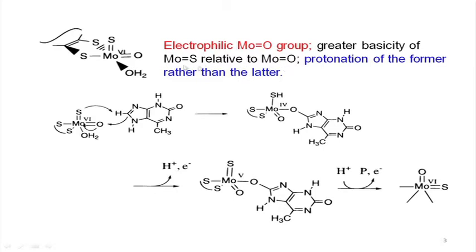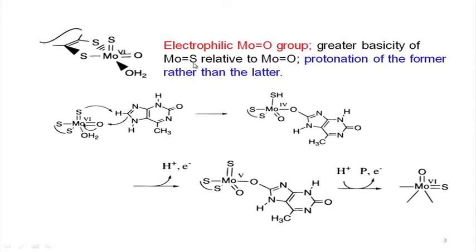So, which particular function will have the greater basicity? Depending upon this basicity and the electron transfer potential, that means at which particular potential molybdenum is stabilized in its reduced form, that means the +5 form or the +4 form.